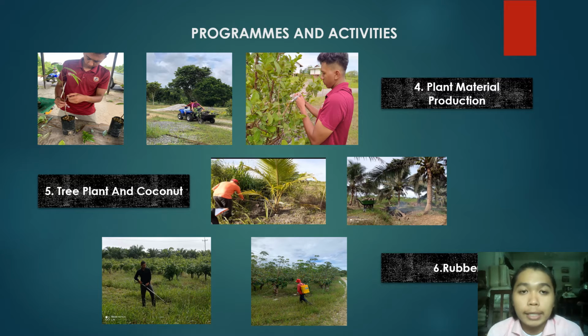For the fifth section, tree, plant, and coconut section, we were briefed about coconut details. We also help staff to make a coconut tree planting distance and apply fertilizer at coconut trees. For the last section, rubber section, the activities that we are making are mowing grass and spraying herbicide in the rubber trees area.